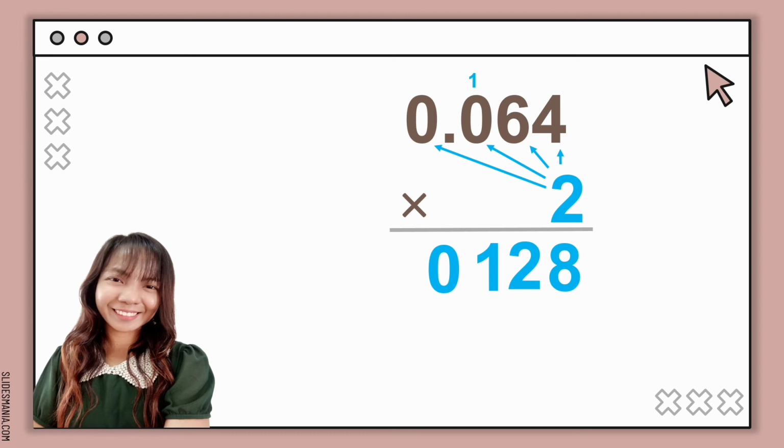And then, to put the decimal point, please count all the digits behind the decimal point. So we have 1, 2, 3. So from here, you have to count 1, 2, 3. So put the decimal here. Our answer is 0.128.